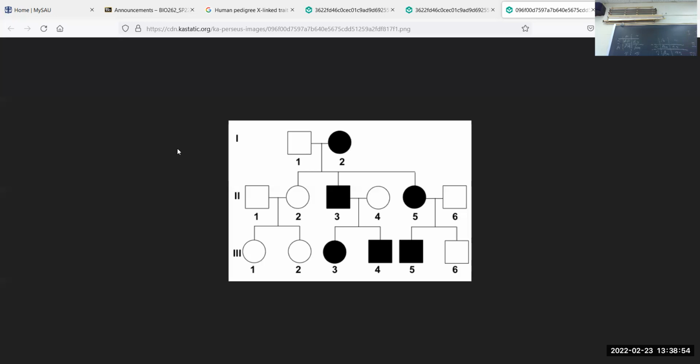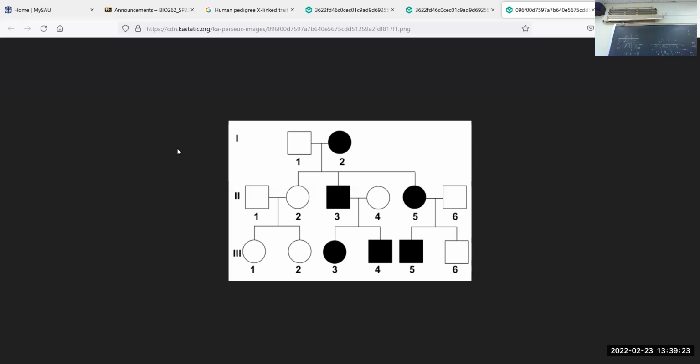What works better then is that this trait is dominant. And so instead, we have this sort of situation. Like that.